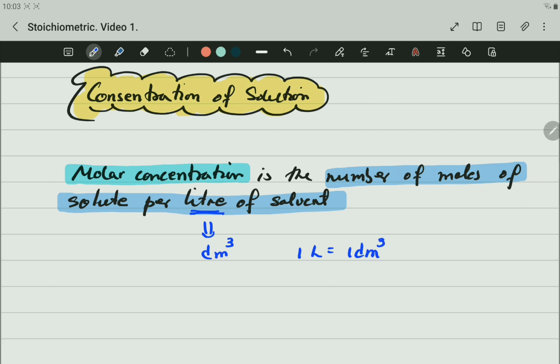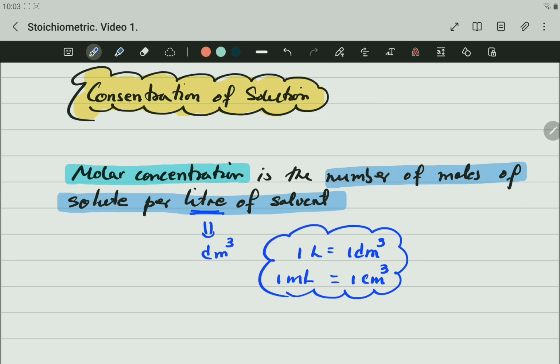That is important because sometimes we're going to work in liters and sometimes in decimeter cubed. And the other important conversion here is that 1 milliliter is equal to 1 centimeter cubed. Okay, so those are important things you need to know here.